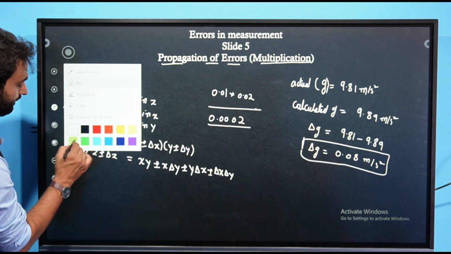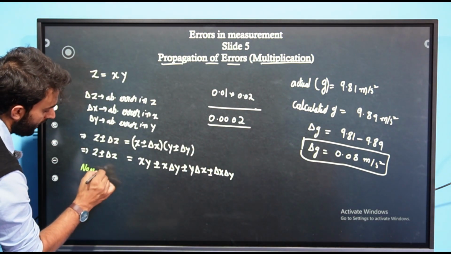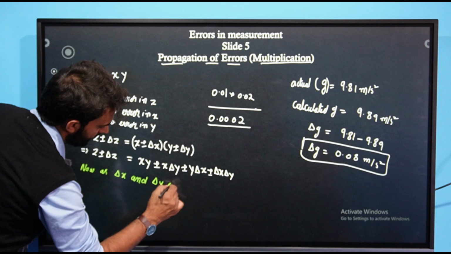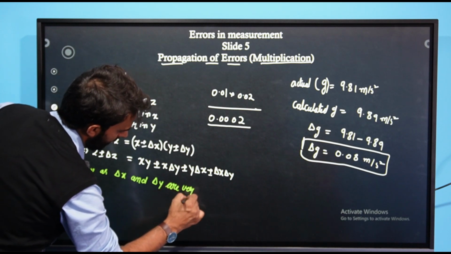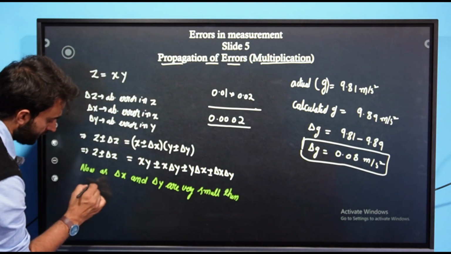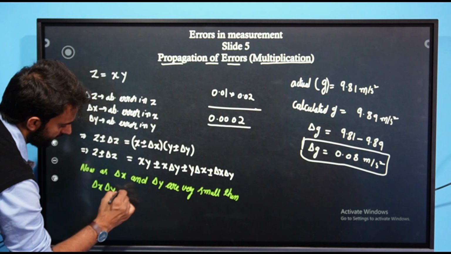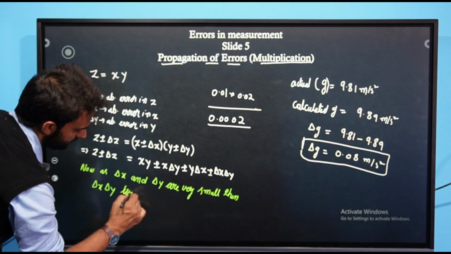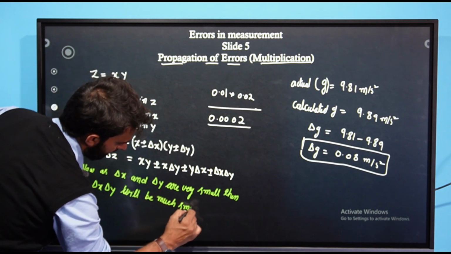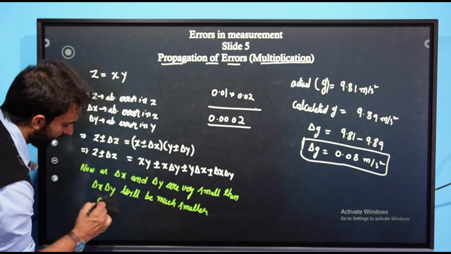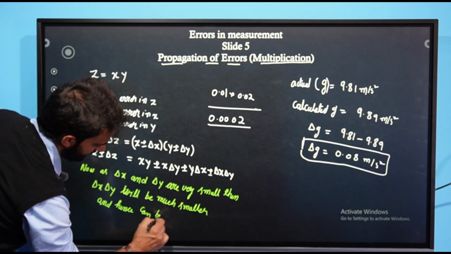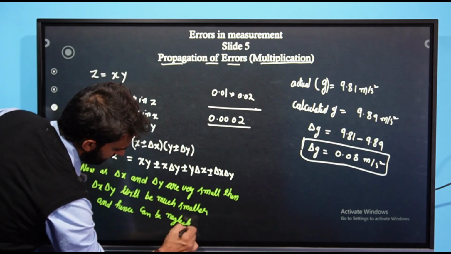So we can write it as, now as delta x and delta y are very small, then delta x delta y will be much smaller and hence can be neglected.